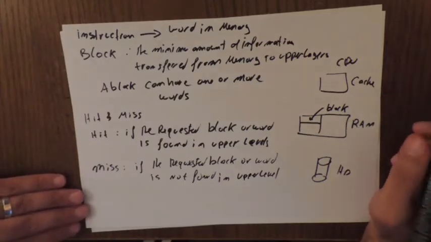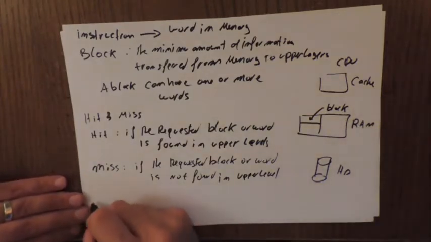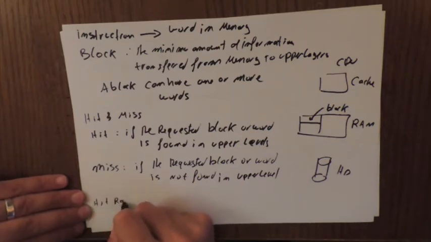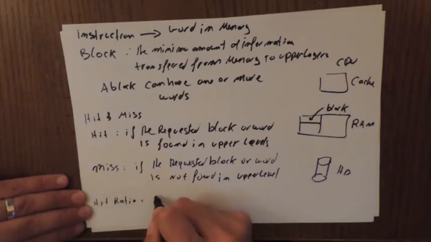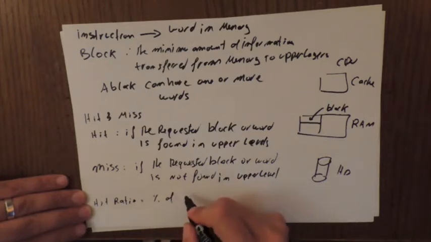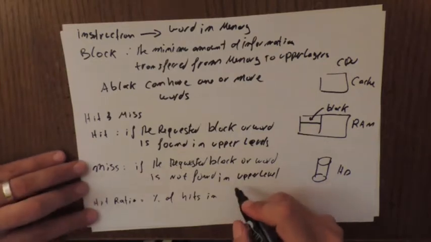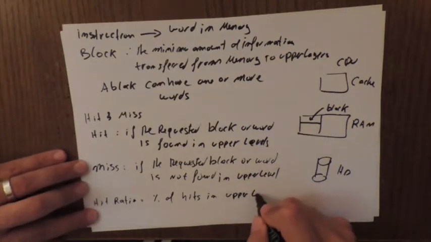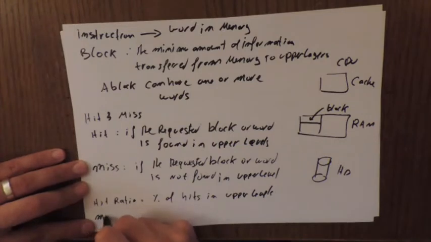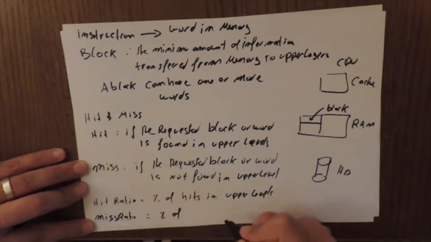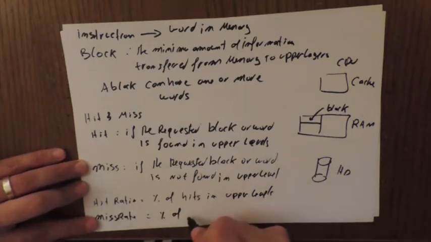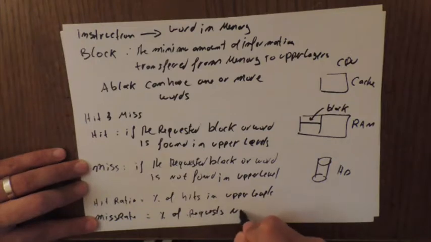So the hit ratio is the percentage of hits in upper levels, and miss rate is the percentage or rate of memory requests not found in upper level.